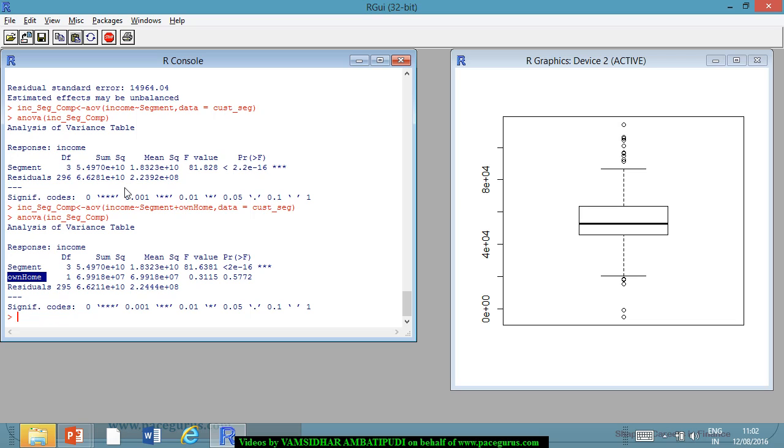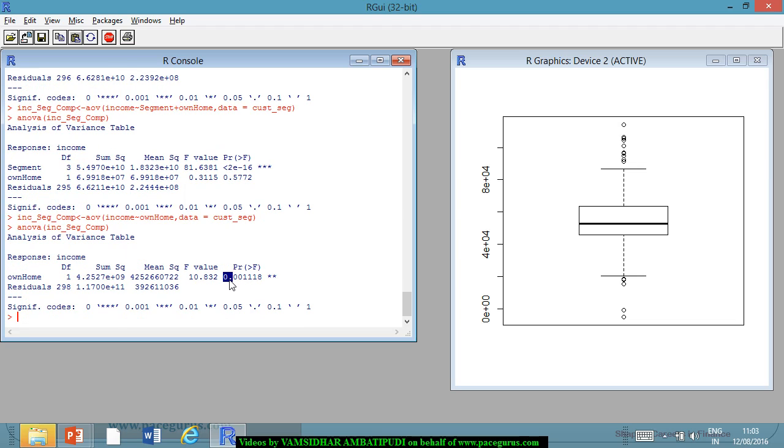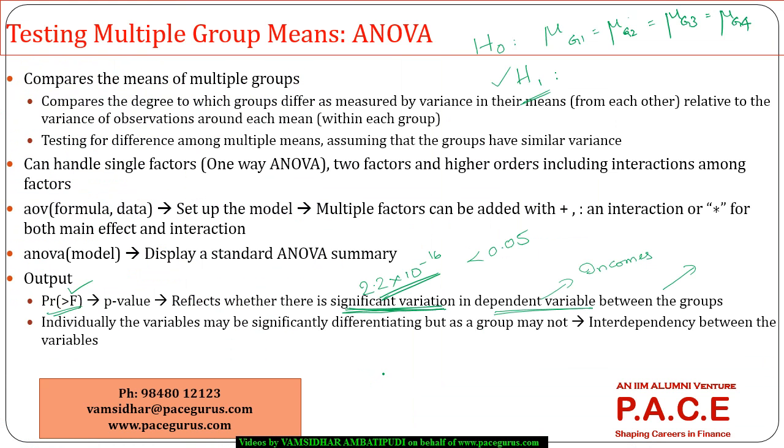But if you look at own home only, another model let me take. Let me not consider the segment at all. Let me just take income versus own home. And if I take the ANOVA of that, the p-value is 0.001, less than 0.05, which means separately there is a significant difference in income for people who own a home versus do not own a home.